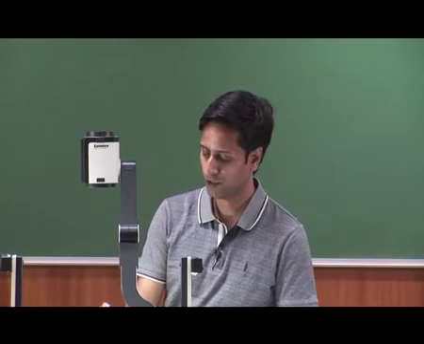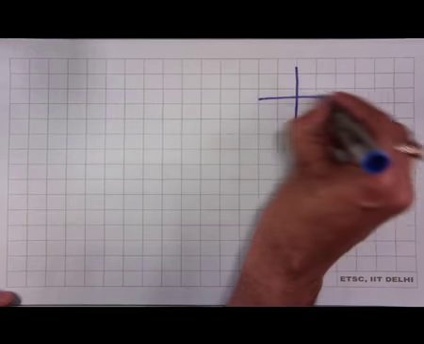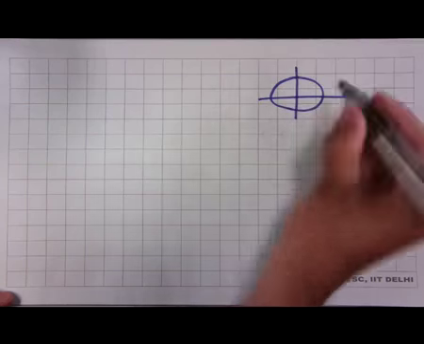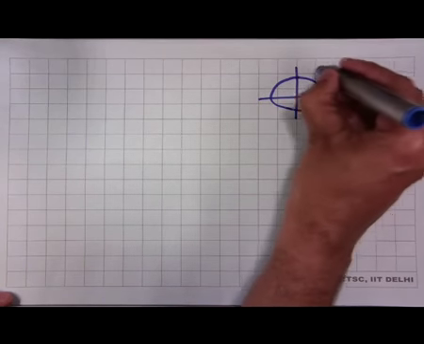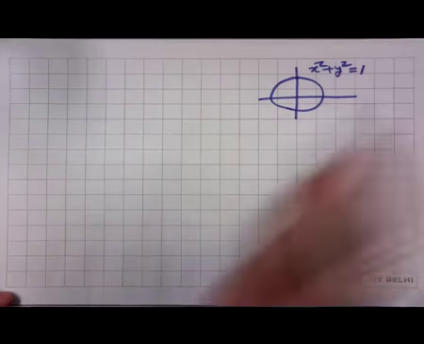Now, let us look at a circle whose equation is x square plus y square equal to 1.